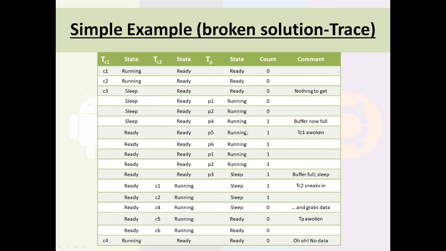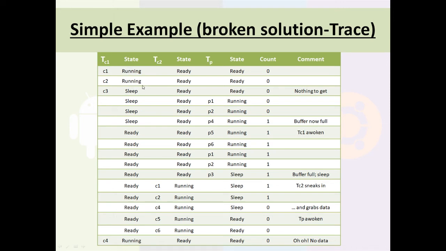In this example, assume there are two consumers, TC1 and TC2, and one producer, TP, with the corresponding states shown here.